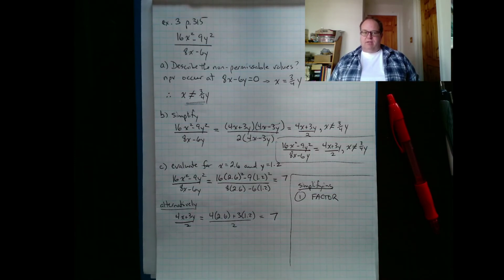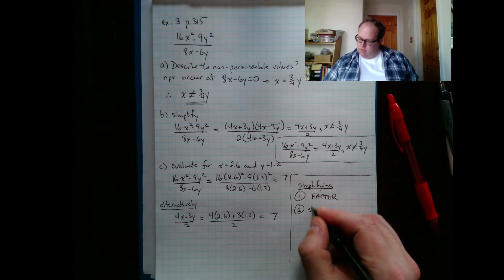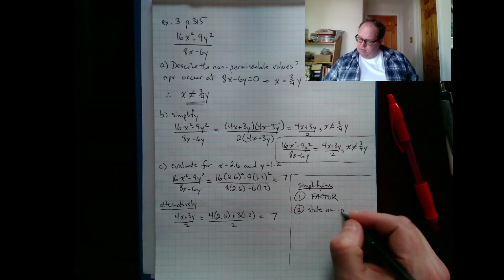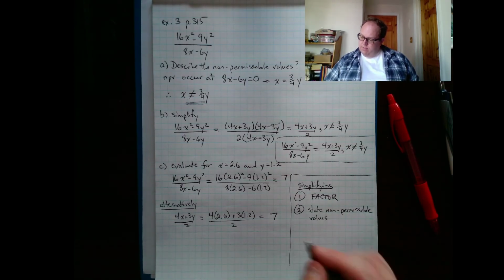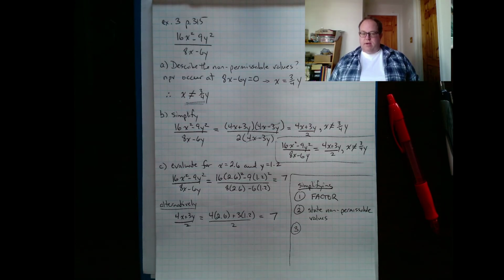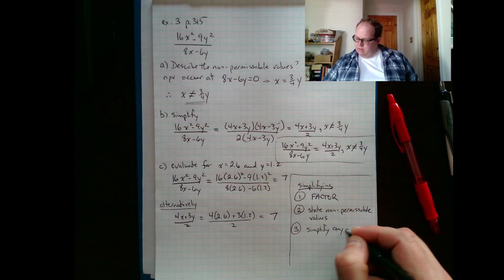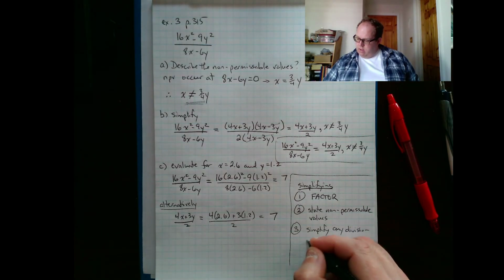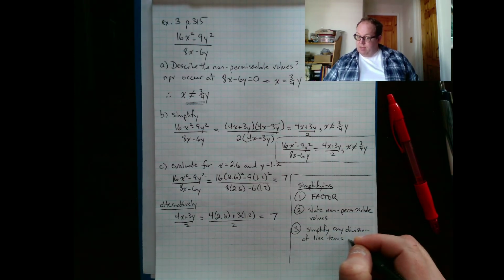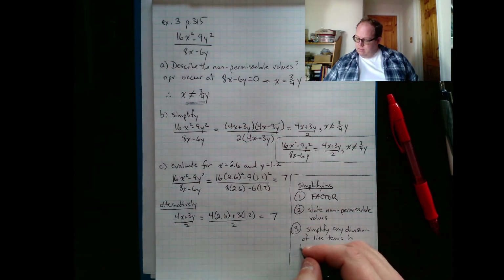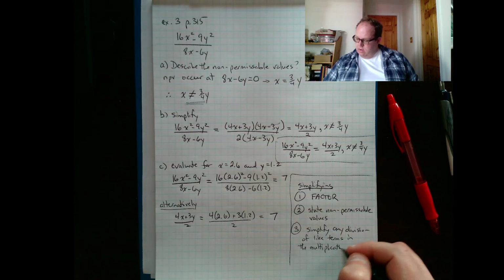Try to factor it as much as you can, both numerator and denominator. 2, state non-permissible values. 3, simplify any division of like terms in the multiplications to 1.